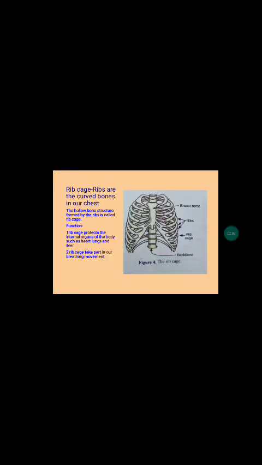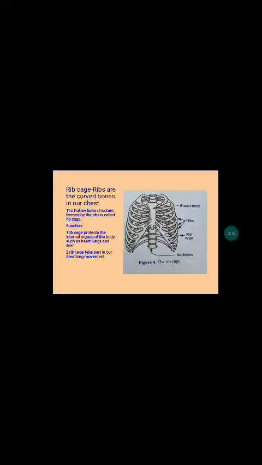Now come to the rib cage. So this is a cage, formation of a cage, like आपको cage की तरह दिख रहा है. Ribs are the curved bones in our chest. The structure formed by the ribs is called rib cage, because it is the collection of ribs forming a curve.